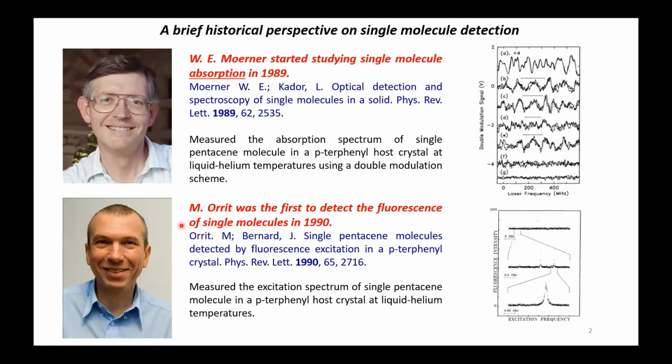And arguably, these are two works that kickstarted the whole research field of single molecule spectroscopy and, let's say, single particle spectroscopy. And this has really helped to comprehend fundamental physics and chemical processes on a level beyond averaging, on a single particle level.